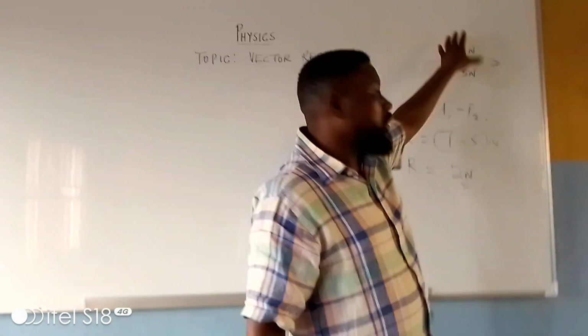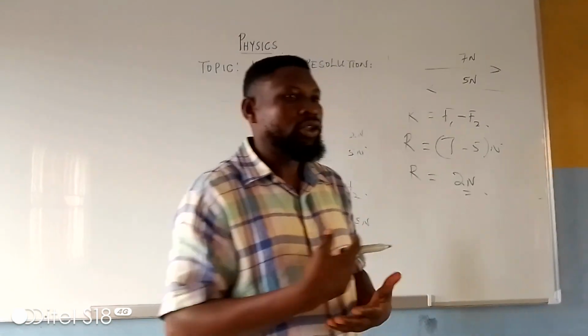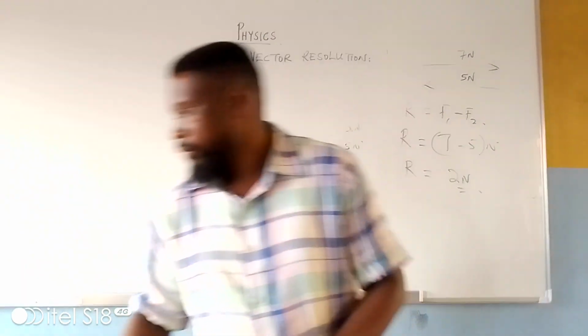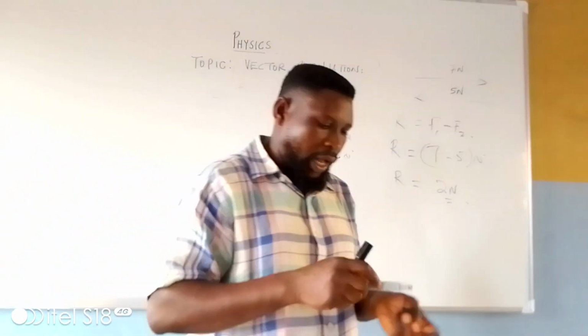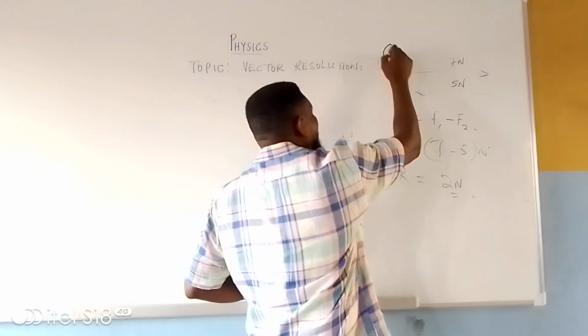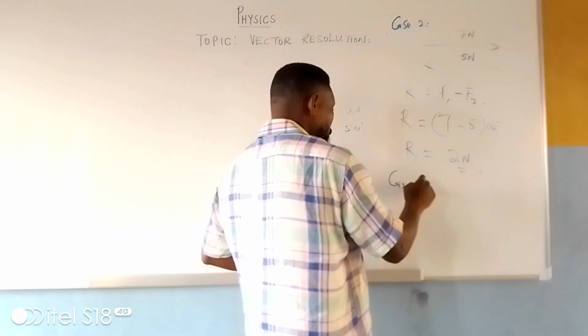So when you resolve these two forces that are acting in opposite directions to each other, you are going to arrive at 2 Newton. So we refer to that as case 2. Then we have case 3.